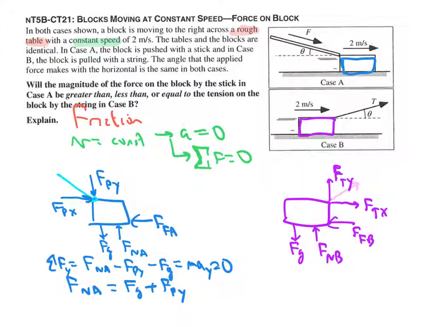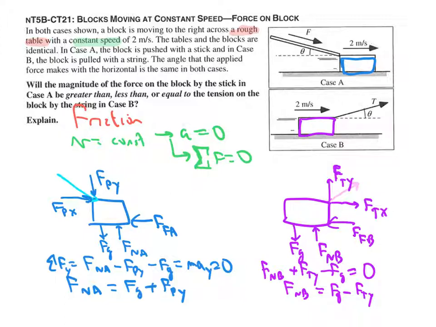But looking over in case B, we would have that FNB plus FTY minus FG, that's the sum of the forces from the diagram, has to be MA, which is still 0. So FNB equals FG minus FTY.